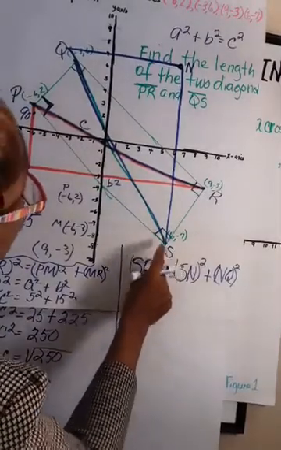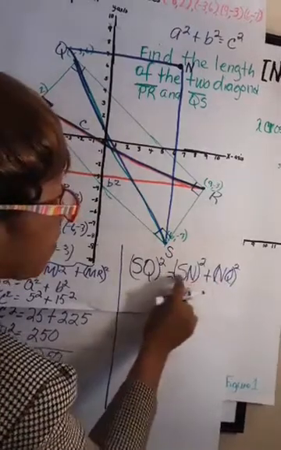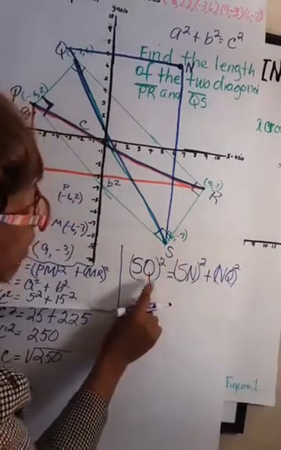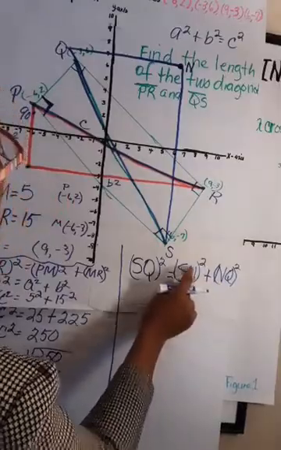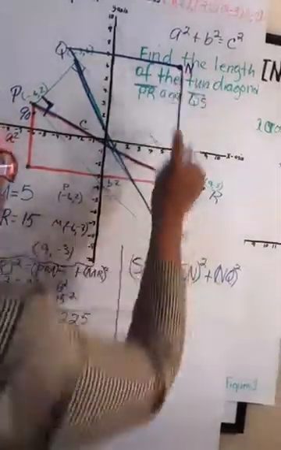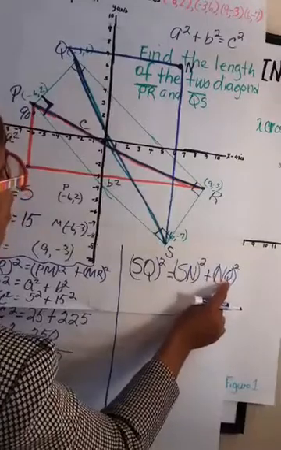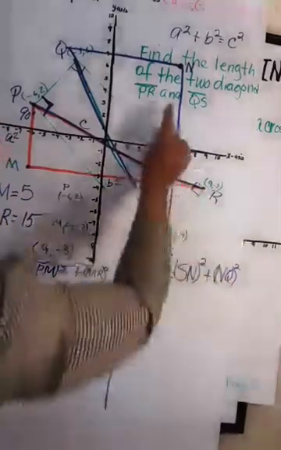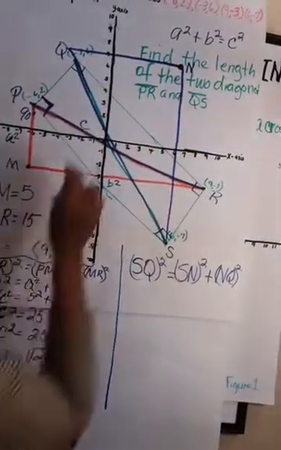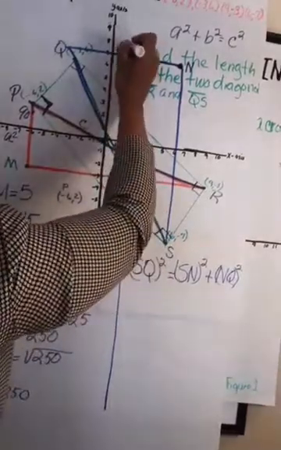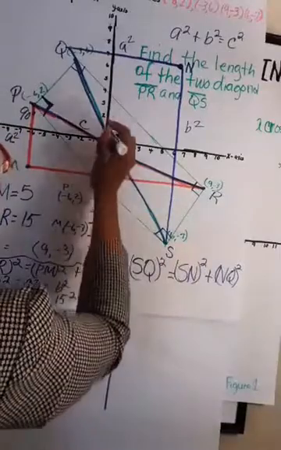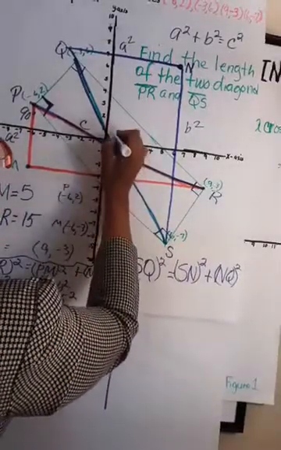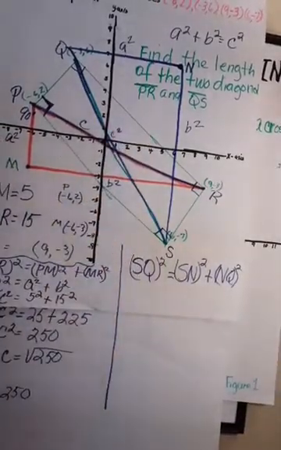These are your legs here. This is your hypotenuse. These are your legs, SN square plus NQ square. This could be A square. This could be B square. But certainly we know over here is C square. We don't know what the hypotenuse is.